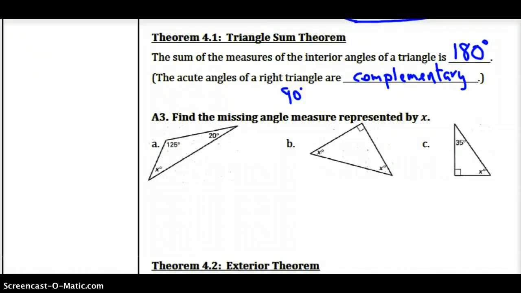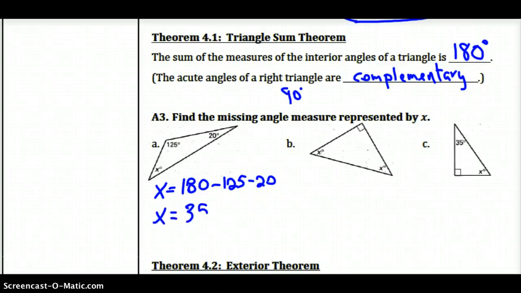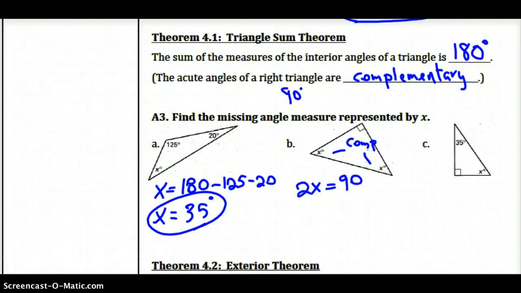So keeping this in mind, if I want to find x, I'm going to take 180 for the triangle sum, minus 125 minus 20. So that's going to come out to be x equals 35 degrees. Okay, over here, this is a right triangle, so these two have to be complementary. So 2x has to be 90, x is 45.